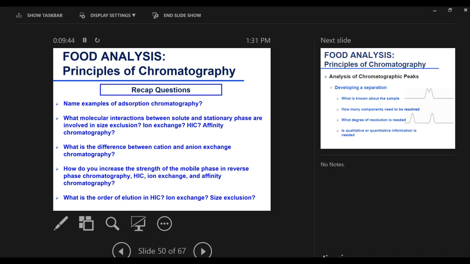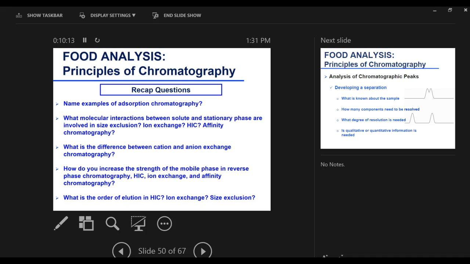What is the order of elution in hydrophobic interaction chromatography? Does the most hydrophobic come out first or last? Last. Because remember, chromatography is all about interaction with your stationary phase. No interaction, no separation. So the more interactions you have, the more it stays on the column.